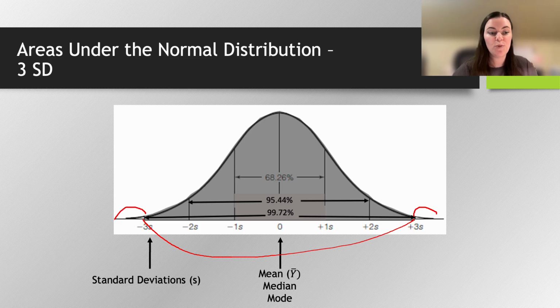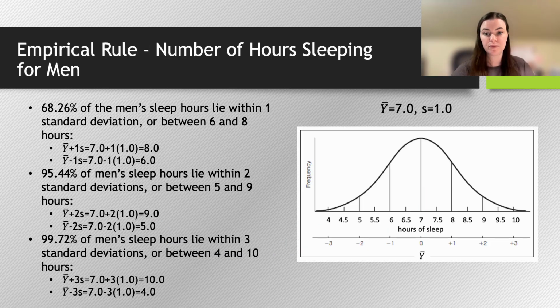However, there is room on either side of the distribution, both in the negative and positive realms, for observations that might fall outside of 3 standard deviations of the mean. So even though we get upwards of 99% that are contained within it, we still have approximately 0.28%, or 0.14% on each side of our distribution, that could be either above 3 standard deviations of the mean or below 3 standard deviations of the mean.